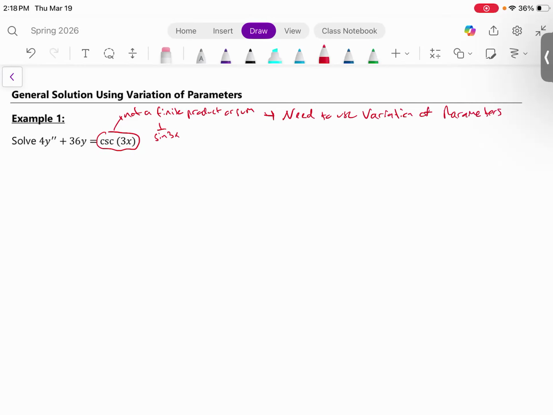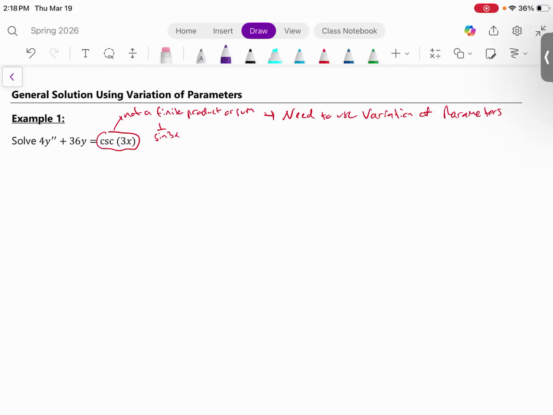Okay, so let's go ahead and get started with that. So the first thing you always want to do with variation of parameters, you always want to solve the constant coefficient component. So we have 4y double prime plus 36y equals cosecant 3x.